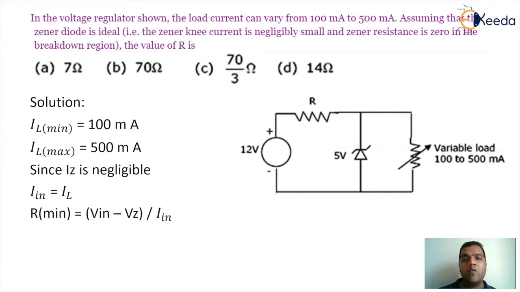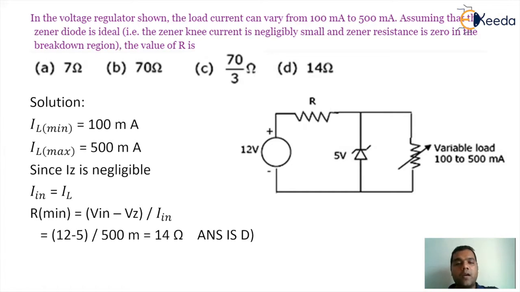So the minimum value of R will be Vin minus Vz by IN. So it will be 12 volt minus 5 volt divided by the value of IN, that is 500 milliampere. We are considering the load current to be maximum. That time we will get the minimum possible value of R, and that value of R will come on solving as 14 ohm.